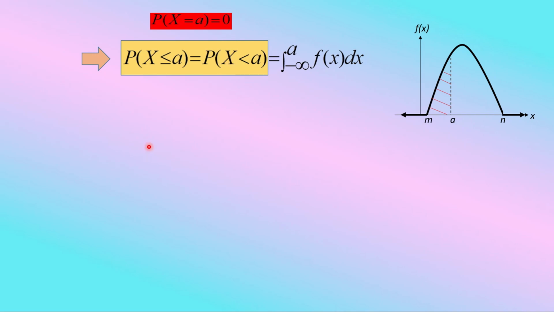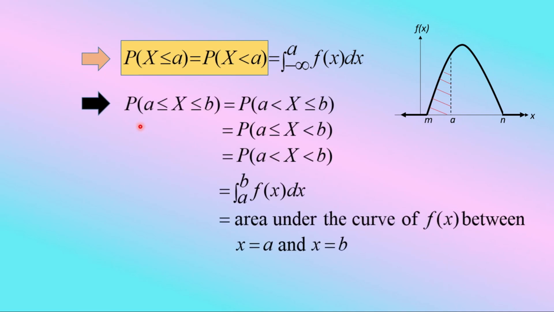The last property of the probability density function, or PDF, is that the probability of random variable x from a to b is equal to the probability x from a to b not including a, and also equals the probability x from a to b not including b, and equals the probability x between a and b.